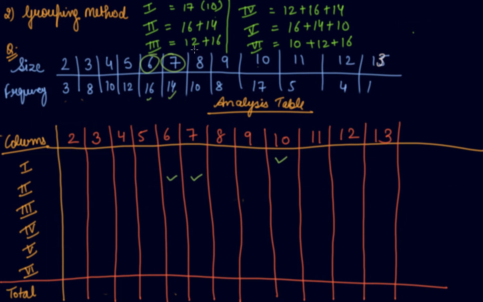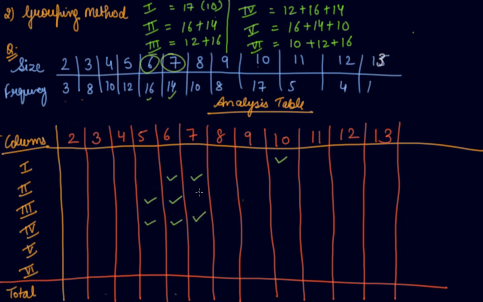In the third, 12 plus 16 was the highest frequency we got in the grouping table. So 12 is corresponding to 5 and 16 is corresponding to 6 as size. So we will take 6 again. In the fourth column, we have 12 plus 16 plus 14. For frequency 12, the size is 5; for 16 frequency, the size is 6; and for 14 frequency, the size is 7.